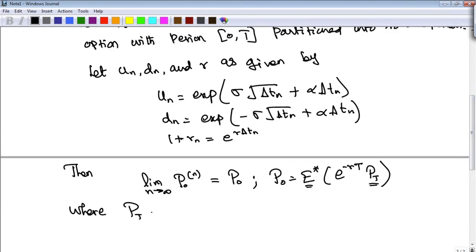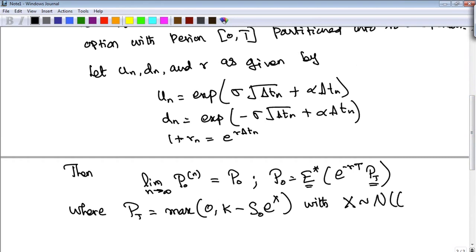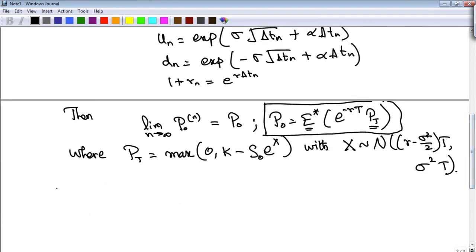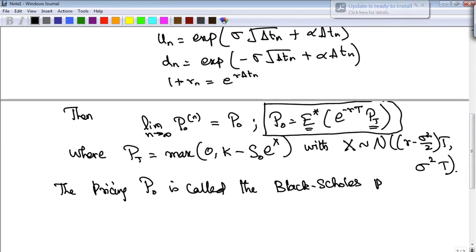Since we are working with a put option, the payoff is maximum of 0 comma K minus S naught e power x, and x is normally distributed with mean (r minus sigma square by 2) times capital T and variance sigma square capital T. So this expression is finally the Black-Scholes pricing model. We say that the price P naught is called the Black-Scholes pricing model.